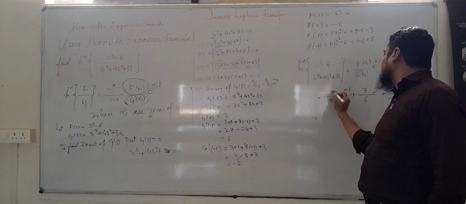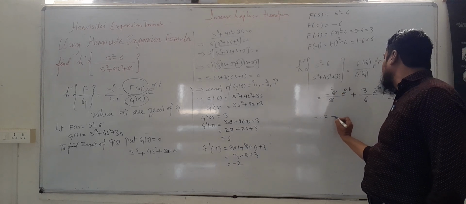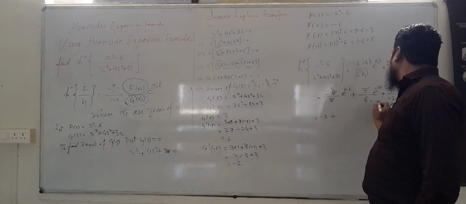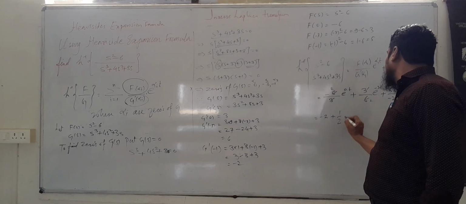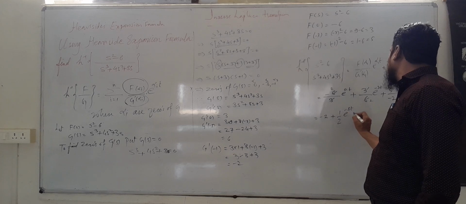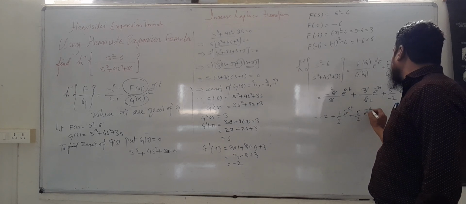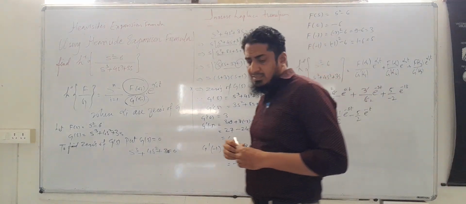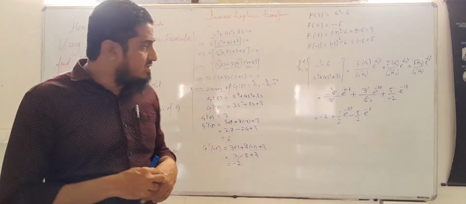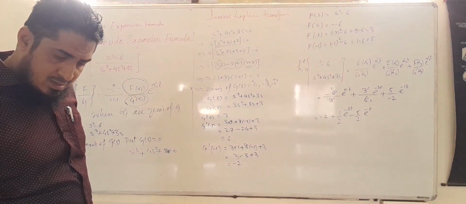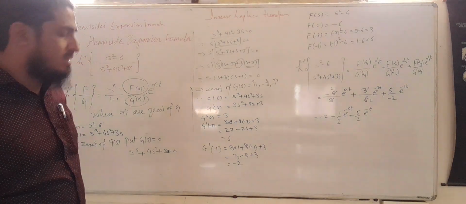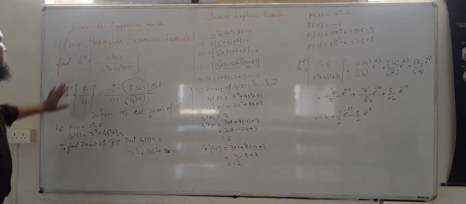So it is minus 2, plus 1 upon 2 e raised to minus 3t, and minus 5 by 2 e raised to minus t. Correct? It is the required result for our example.